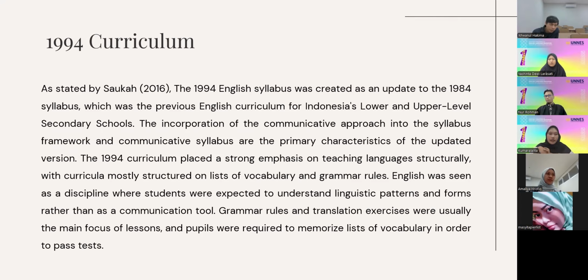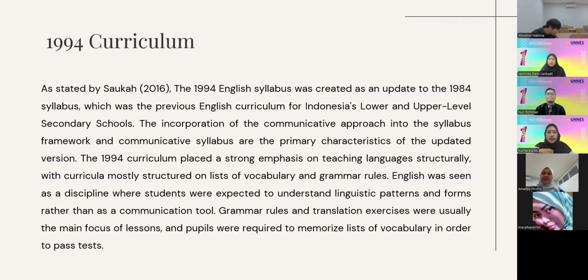So, I would like to read this first. As stated by Saukah, curriculum 94. Can I say it curriculum 94, because it is just normally how I say it, easier. Curriculum 94, the English syllabus was created as an update to the 1984 syllabus, which was the previous English curriculum for Indonesian lower and upper level secondary school.